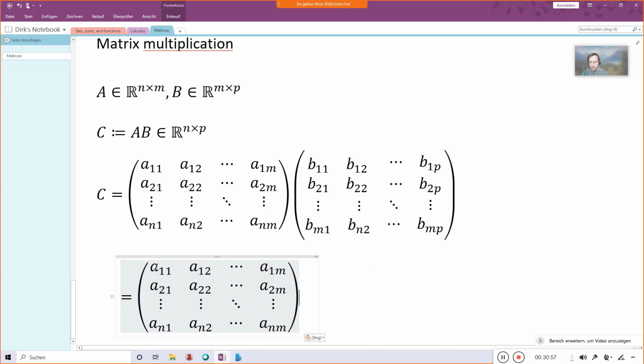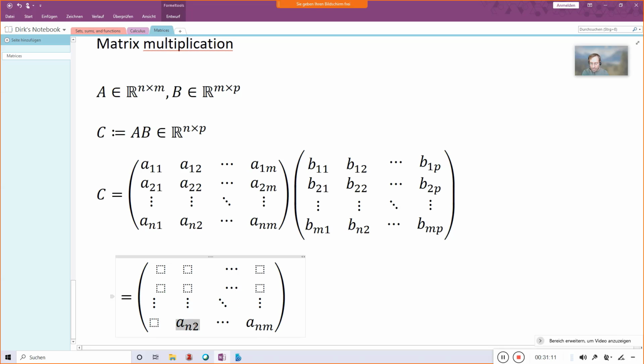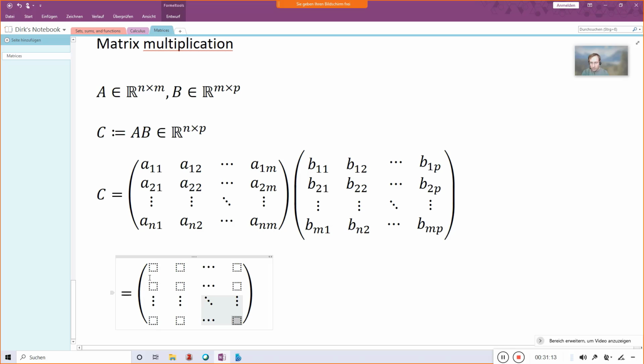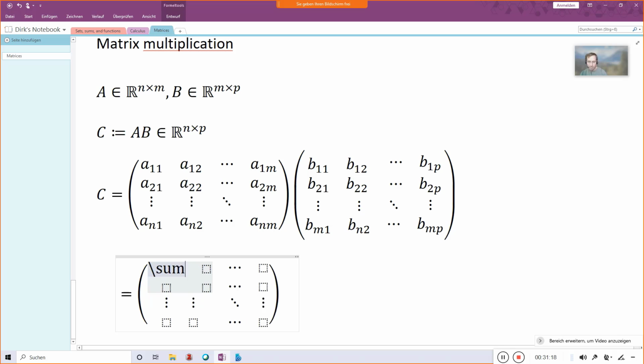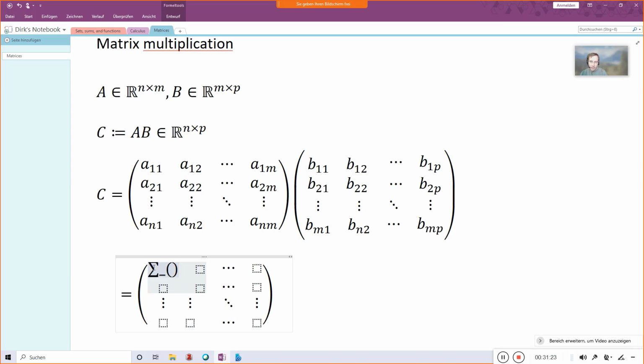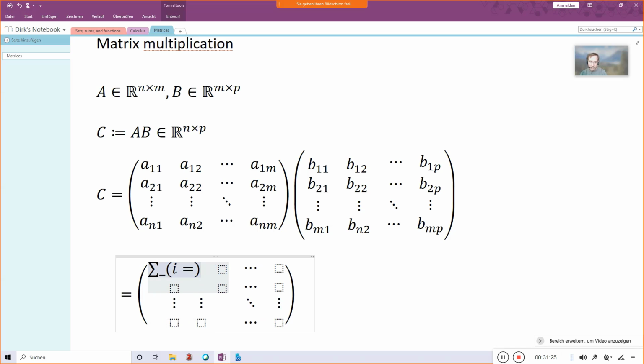In the upper left corner, let's maybe get rid of this so that it's a little bit easier to see. We write down the sum over the columns of the first matrix and the rows of the second matrix.